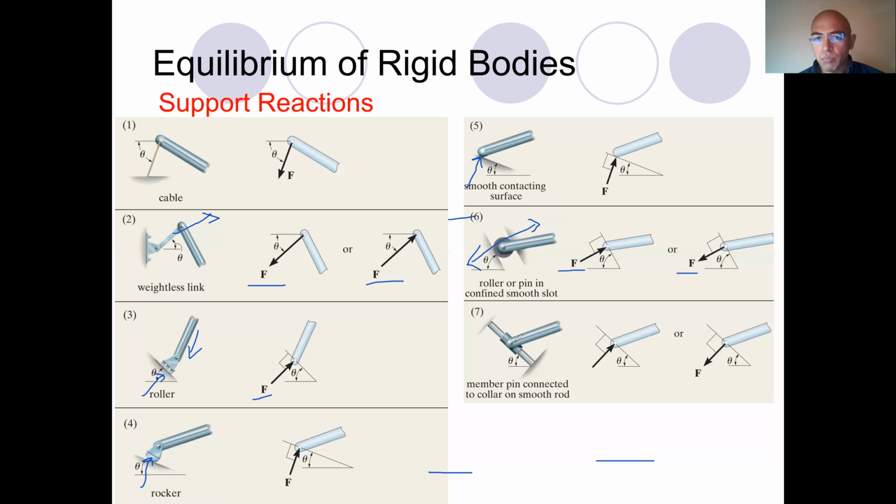We may have a pin connected collar. So this object can easily rotate like this, but cannot move perpendicular to the collar. As a result, we will have reaction forces in the directions in which the motion is restricted.